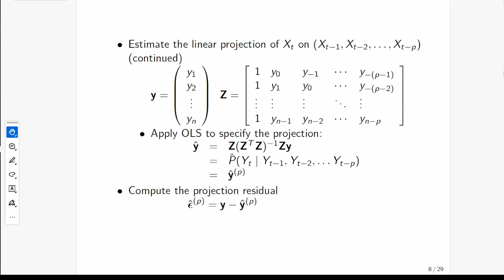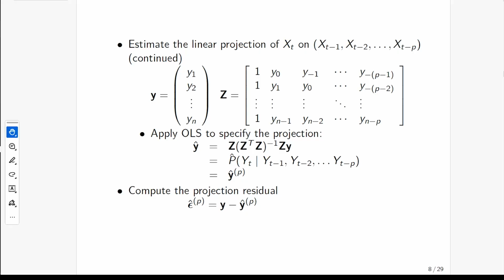For the first p rows, we actually need to go back in time, so we have to start not from the beginning of our time series, but p units ahead. Then we can apply ordinary least squares to define the projection matrix onto those lagged values.